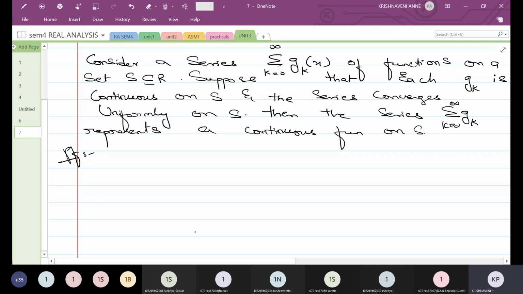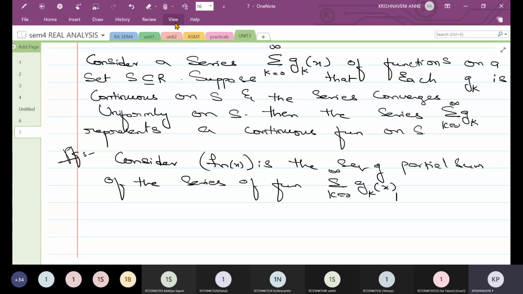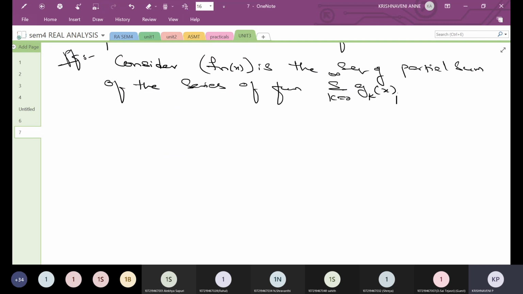Consider the sequence fn of x as the sequence of partial sums of the series of functions, summation k equal to 0 to infinity gk of x.